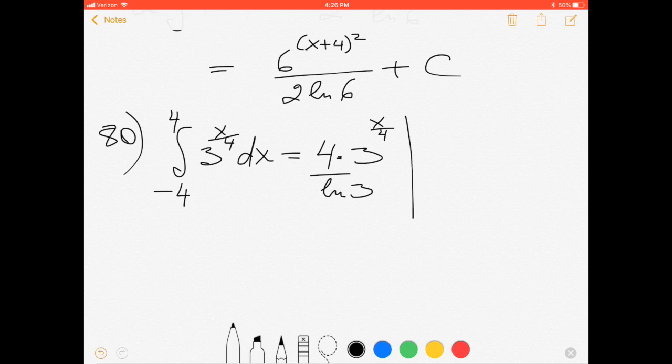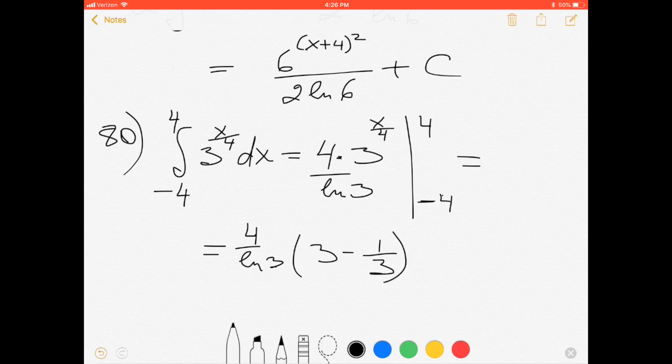And we need to plug in from -4 to 4. The coefficient 4 over ln 3 goes out, and then 3 to the power 4 over 4 means 3, minus 3 to the power -4 over 4, which is -1, so 1/3.